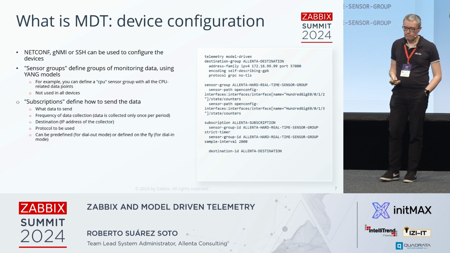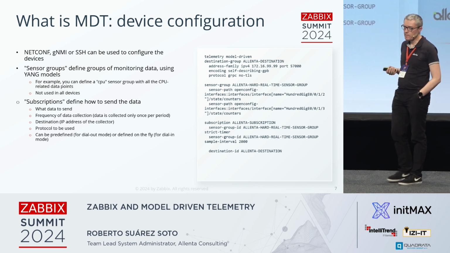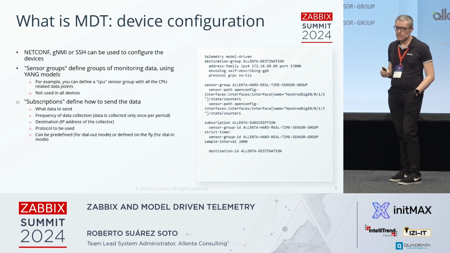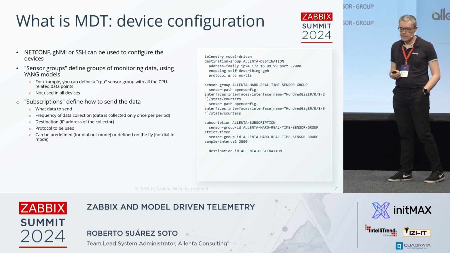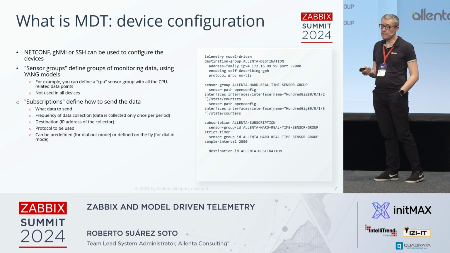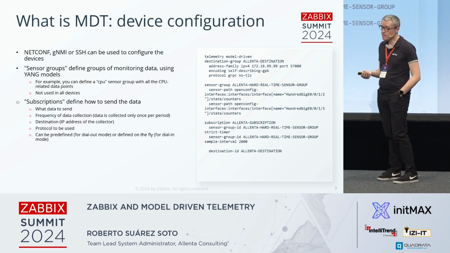So in each device, you can see here, one example from a Cisco Nexus. You define a subscription. Subscriptions is the way that you have to tell the system the data you will need. You have to say what data you need. It may be, for example, CPU data or network interface data.